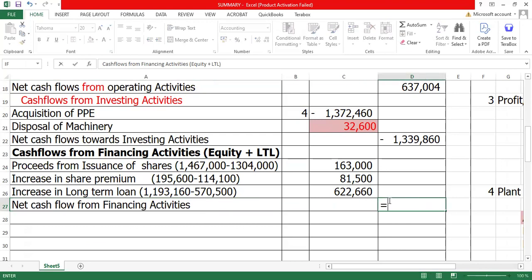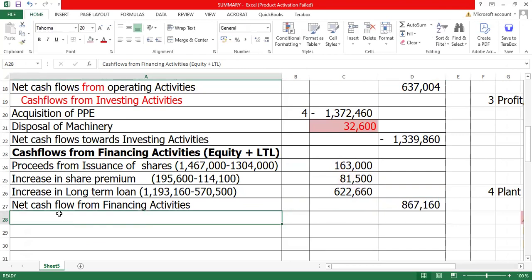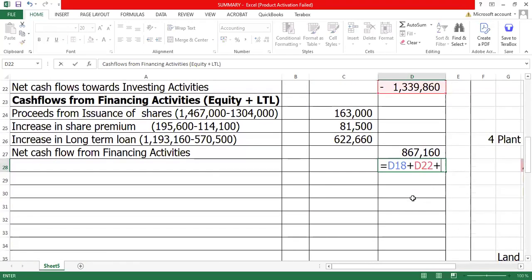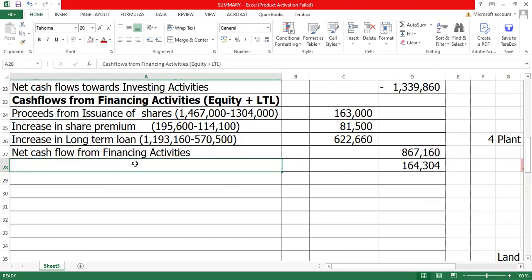When you add, it is this plus this plus this. That's what I have. So finally, add your 3 components. You get this plus this plus this. That's what I have, and this is a positive. So this is an increase.